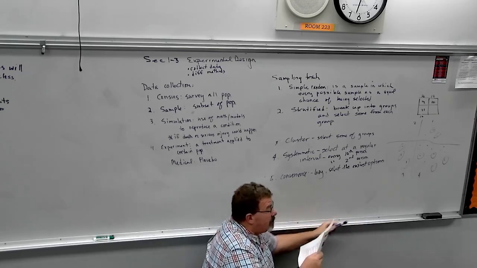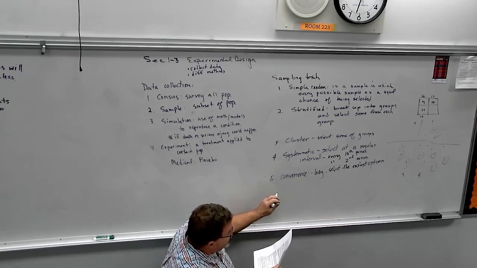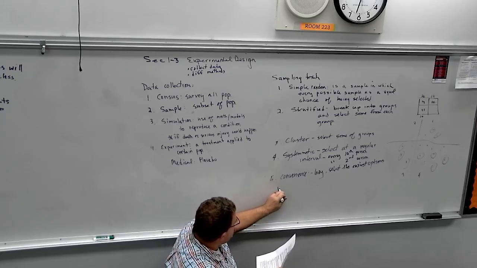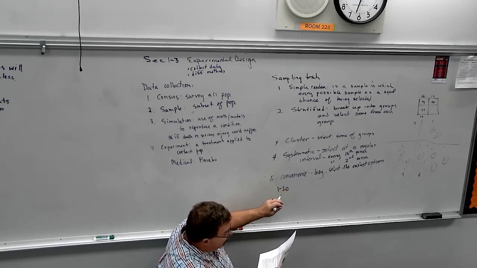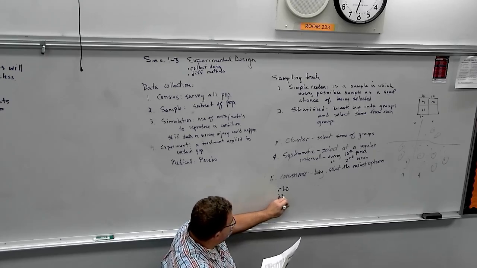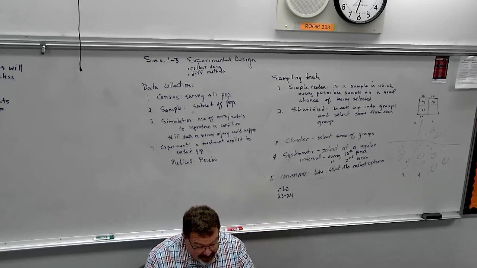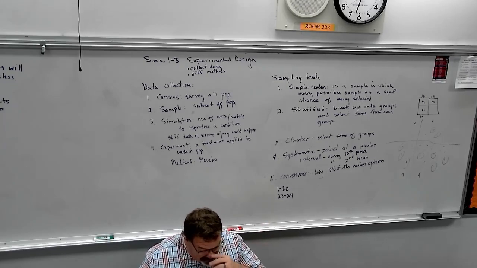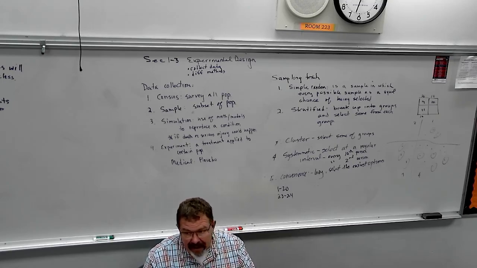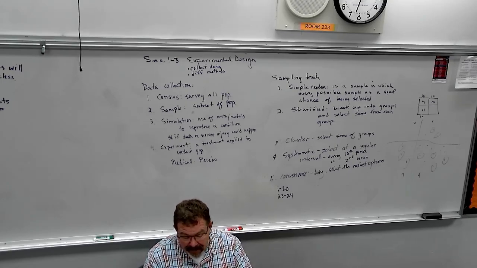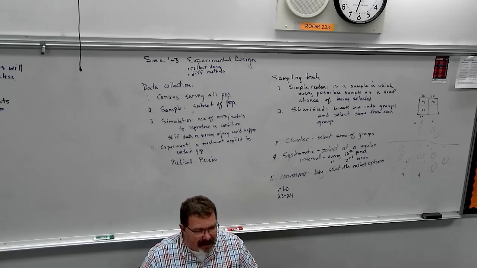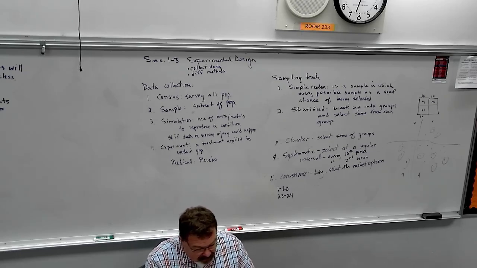I want you to do 1 through 18, or actually 1 through 20. And then look at 23 and 24. They kind of explain the questions there. They talk about open-ended and closed-ended questions. And then they just have you do an answer A and B. That's it.